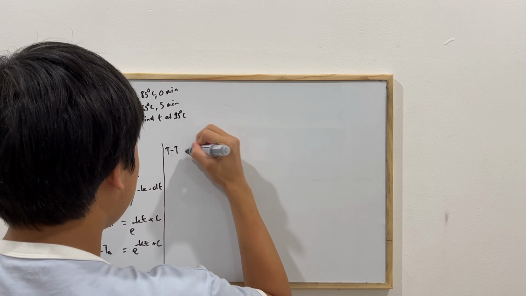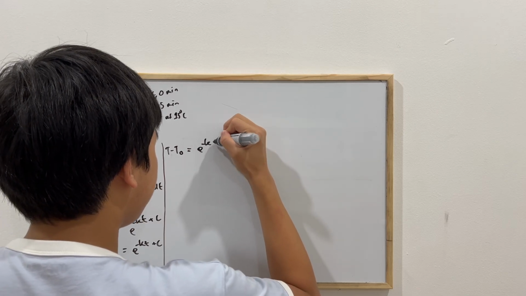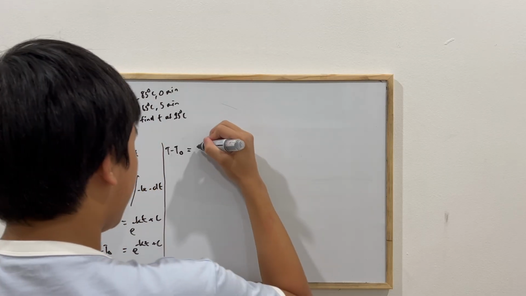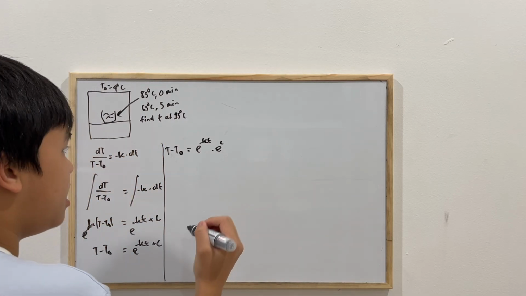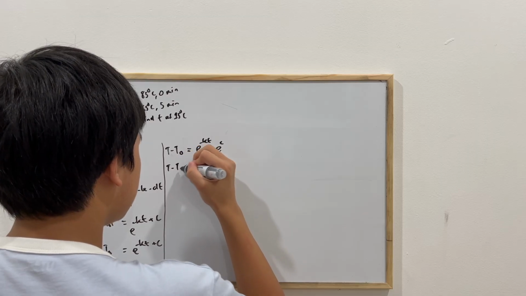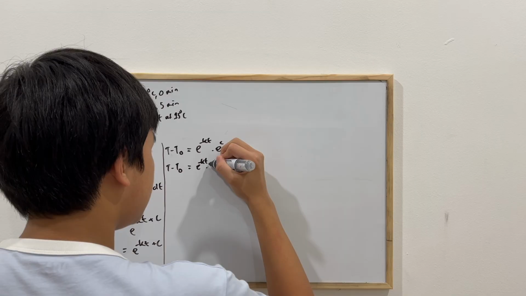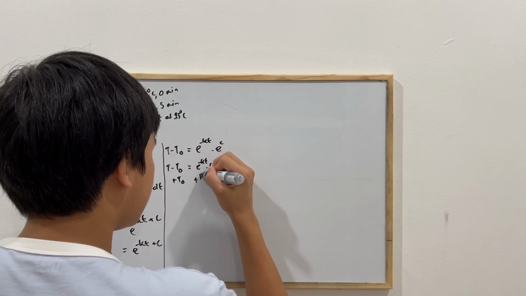Now we can separate this to get T minus T0 equals e to the negative kt times e to the c, and e to the c is just going to be some constant. So we're going to get T minus T0 equals e to the negative kt times just some constant c. And we're finally going to add T0 to both sides.